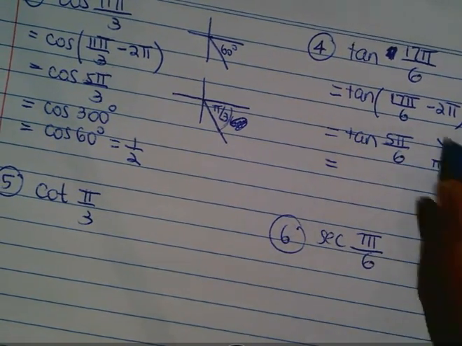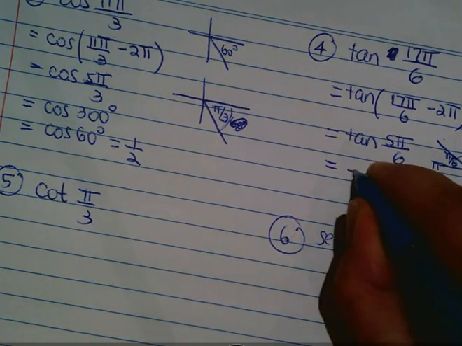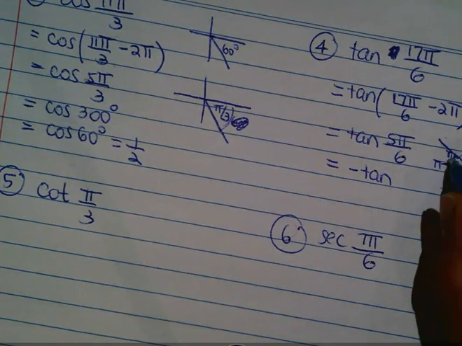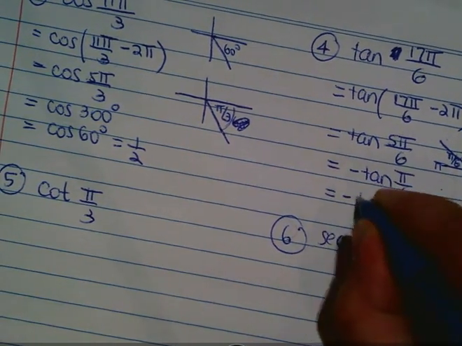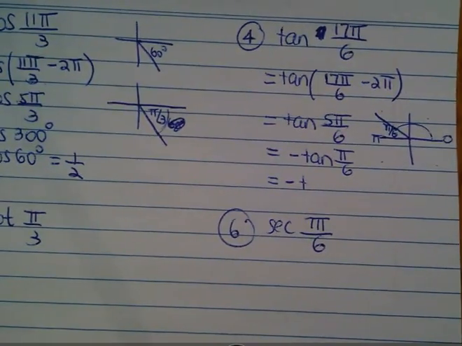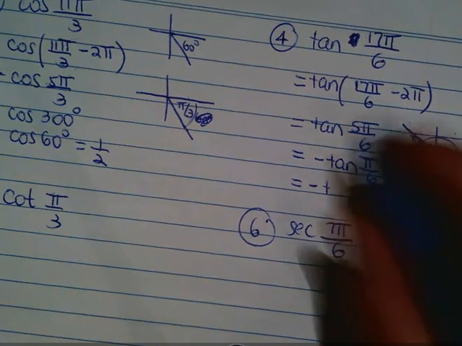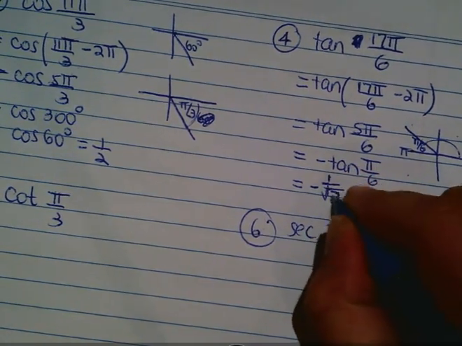So we've got all stations to central, and tan is negative in quadrant 2, and that little angle in there, the related angle, is pi on 6. So we're looking really for negative tan of pi on 6. Now, tan of pi on 6, that's tan of 30, so that's negative 1 over root 3.